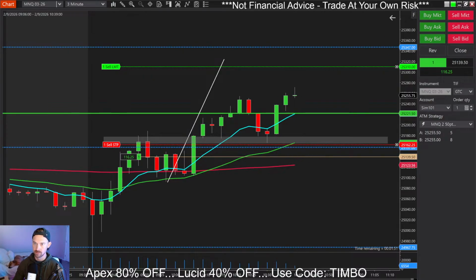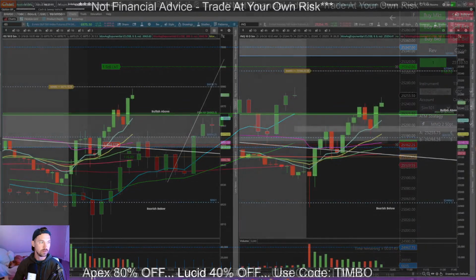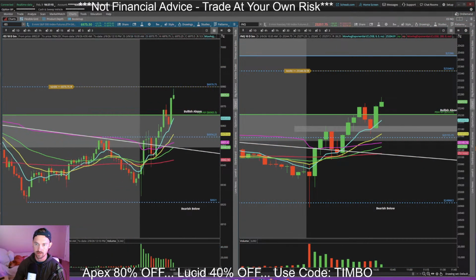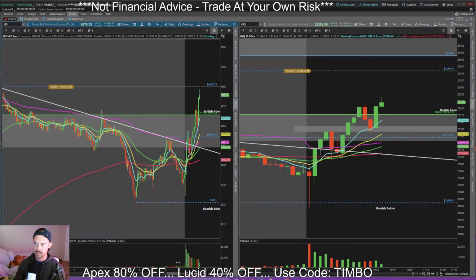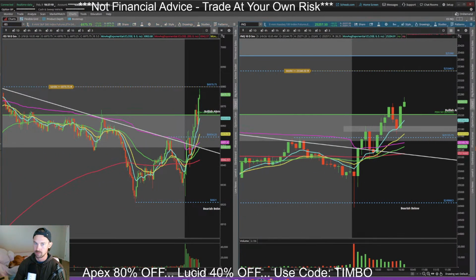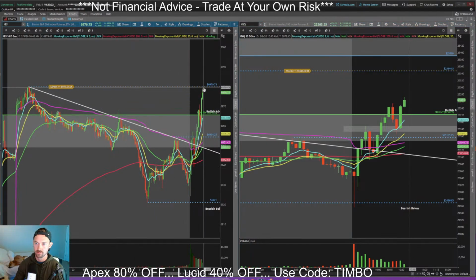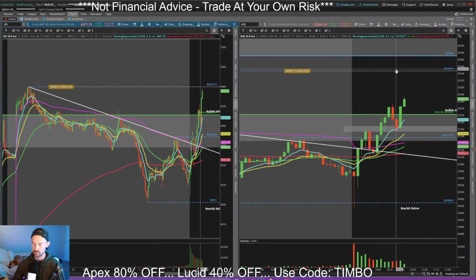ES, let's see, ES already tested it here. ES showing a little bit of relative strength right now. We'll see if we can break it and hopefully get Nasdaq up near that pre-market high as well, overnight high.